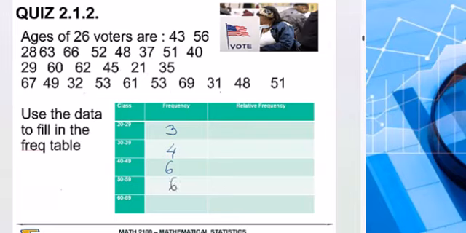And 60 to 69, we got 1, 2, 3, 4, 5, 6, 7. And 7.